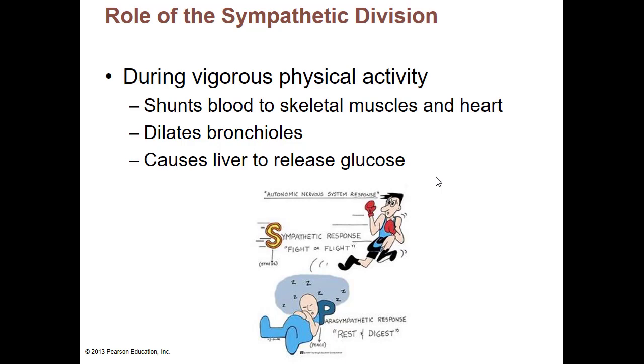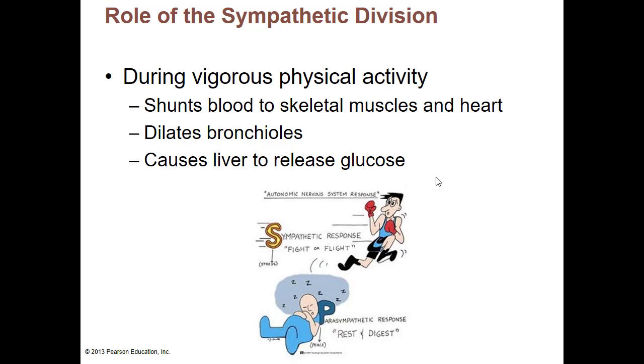Now, during vigorous physical activity, whether you're running from a bear or just working out, we're going to shunt blood to your skeletal muscles and the heart, meaning we're going to send lots of blood there. We need lots of oxygen to those places because they're consuming a lot of oxygen. We're going to dilate your bronchioles. Where are those?